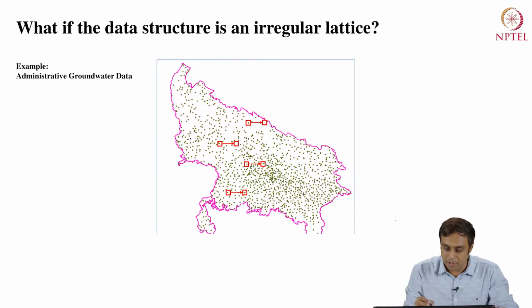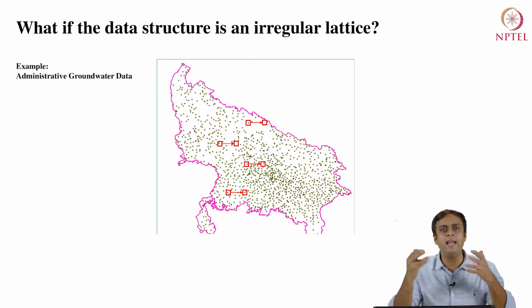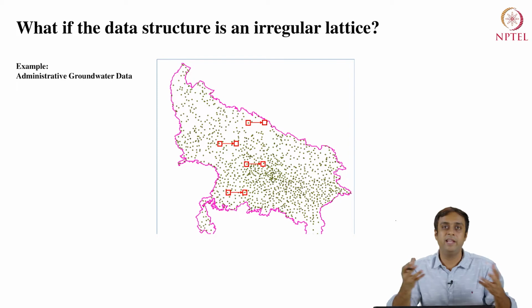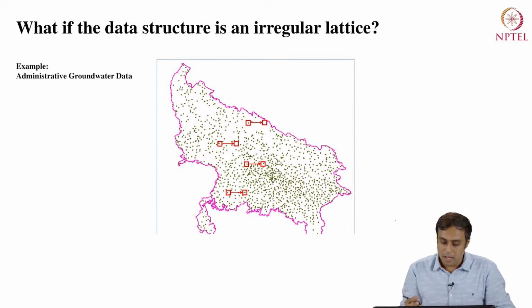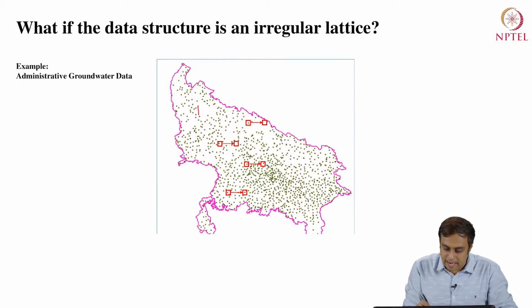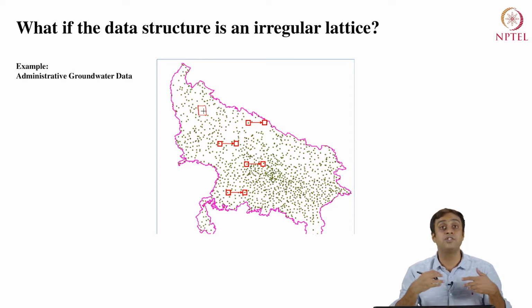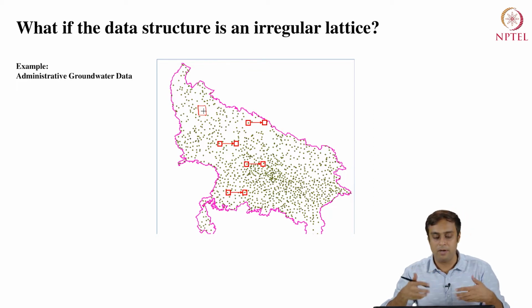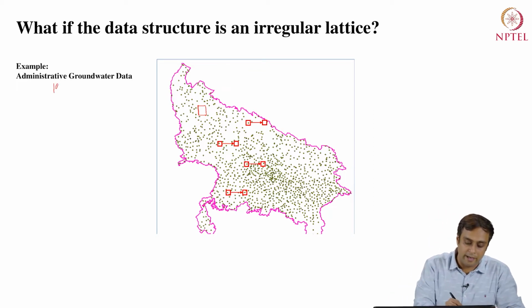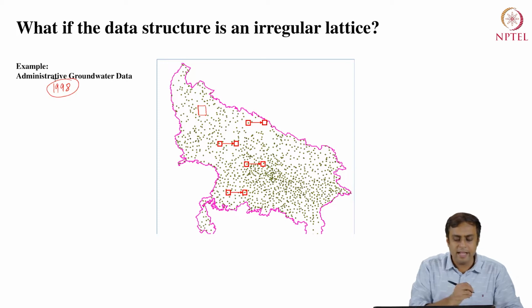To see an example, we can look at any vacant space within the spatial domain of interest. For example, the square on the screen represents a region which remained unsampled in the year 1998. And that is not surprising.